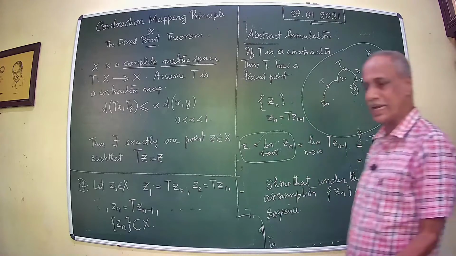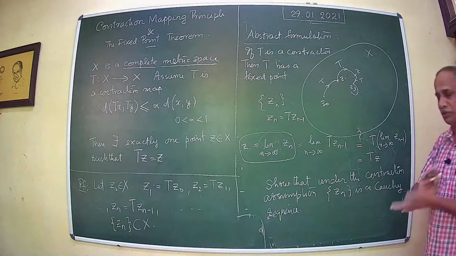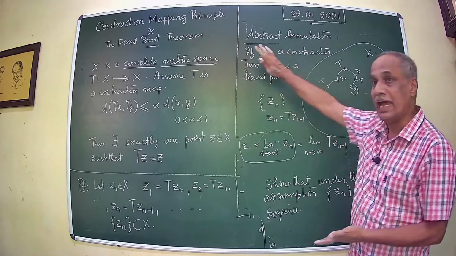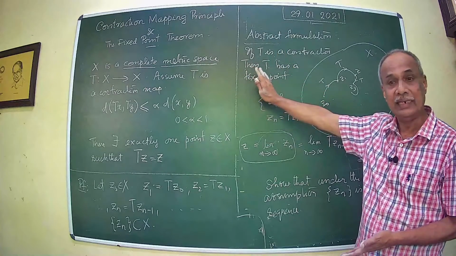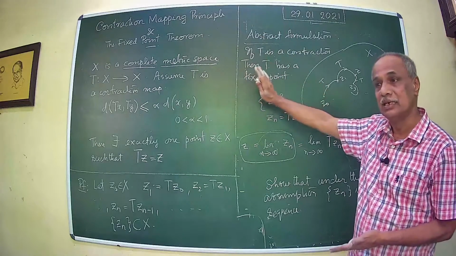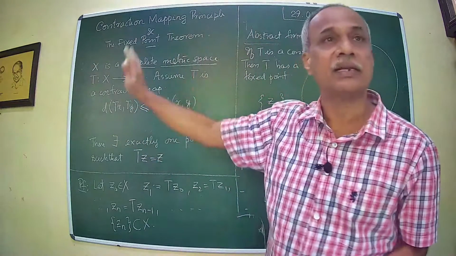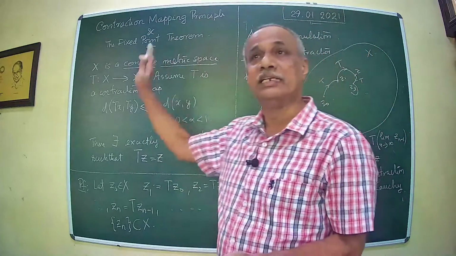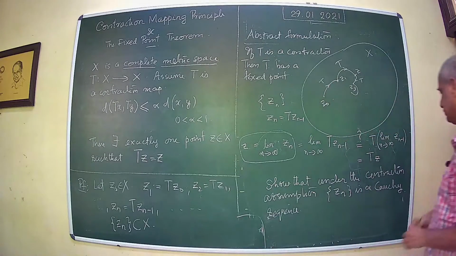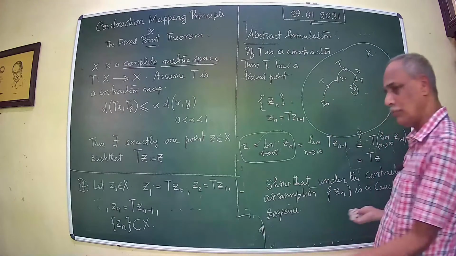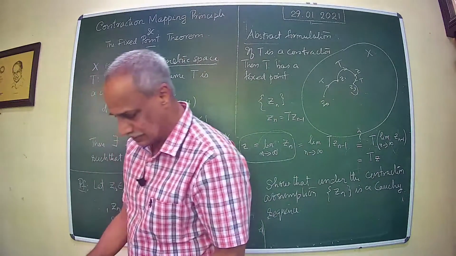Now everything is clear, because once you prove that this is a Cauchy sequence, then you know that you are working in a complete metric space, and in a complete metric space, all Cauchy sequences converge, and of course the limit is unique. Okay, right? So the problem is solved the moment you show that Zn is a Cauchy sequence.